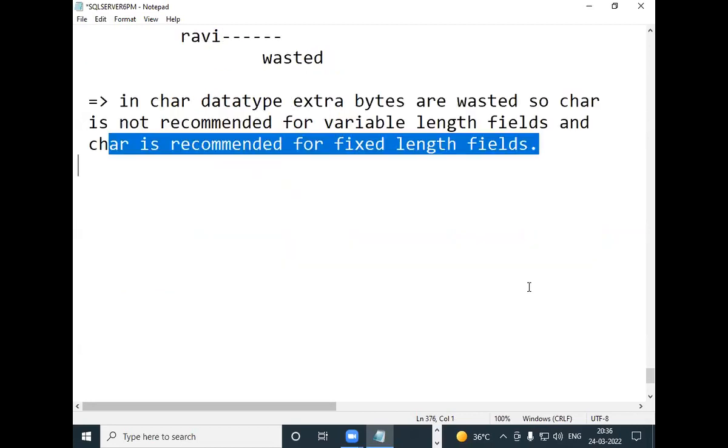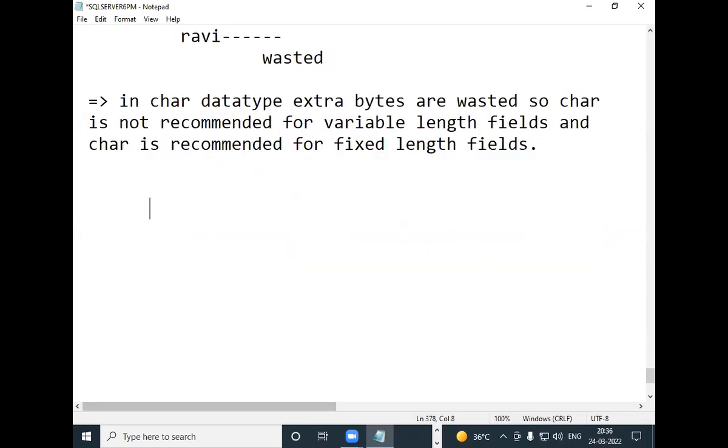Char is recommended for fixed length fields. Can you give me an example for fixed length fields? Mobile number? Mobile number is numeric, not character.